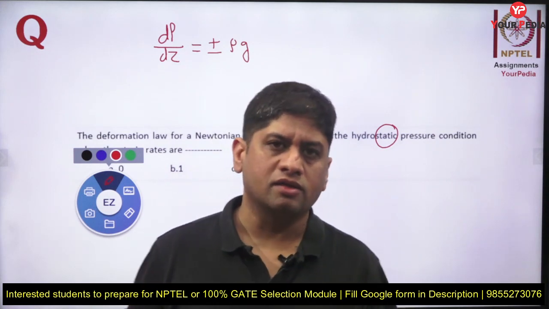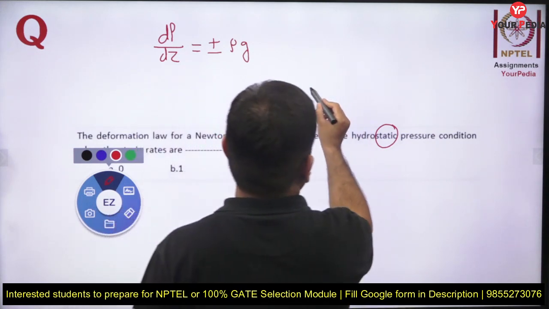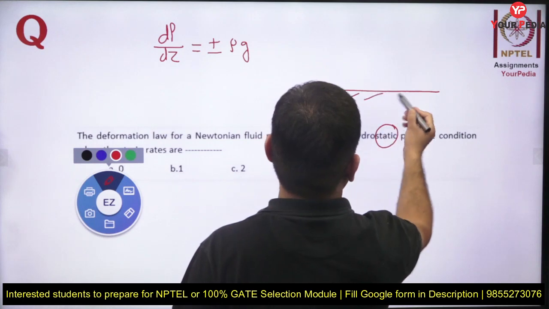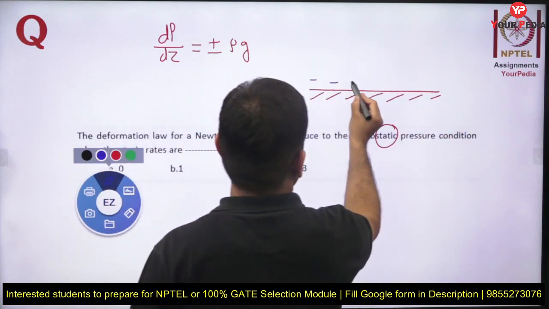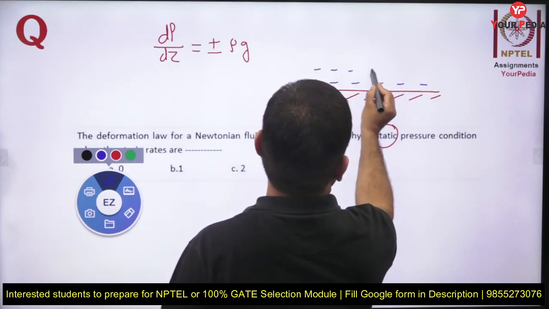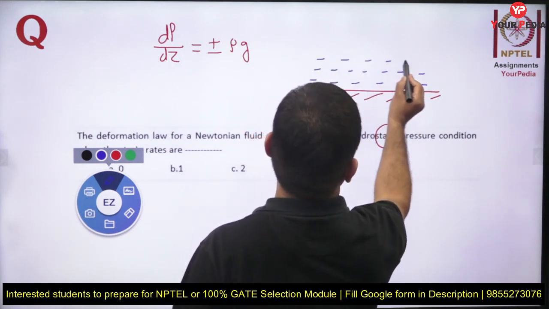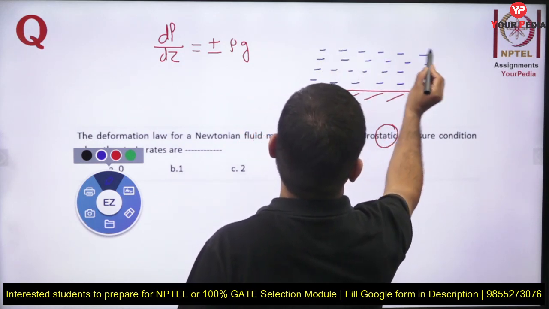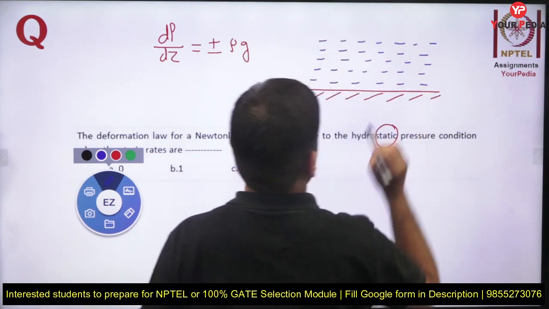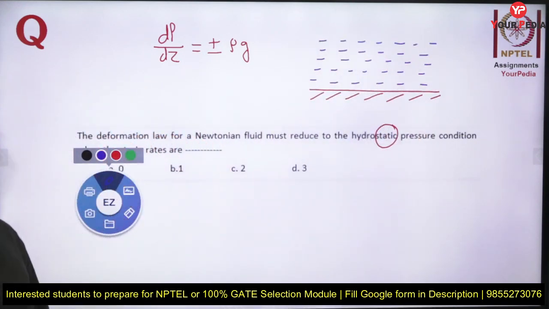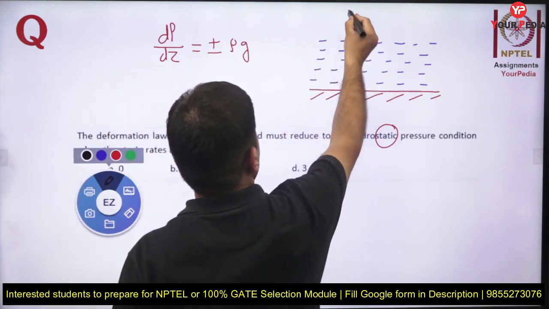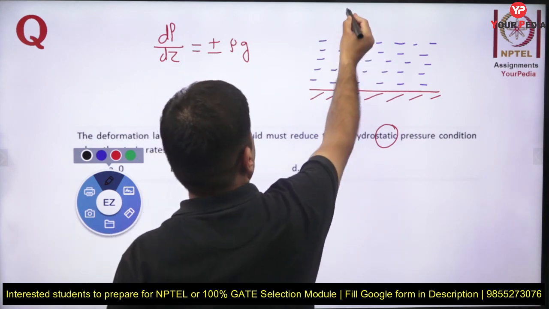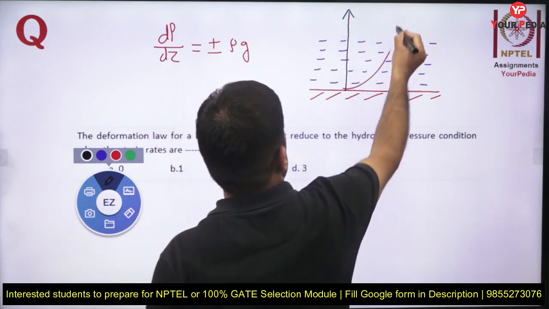But we know that when the fluid starts flowing, let's say this is the surface and the water is flowing on this particular surface, it is not at rest. Because of intermolecular attraction between the surface and the fluid, you find that in the transverse direction there is a velocity gradient.